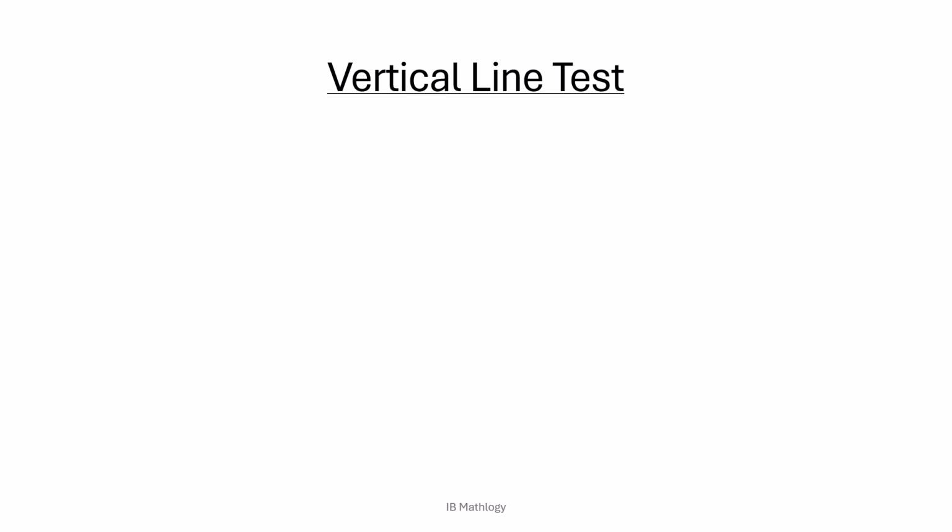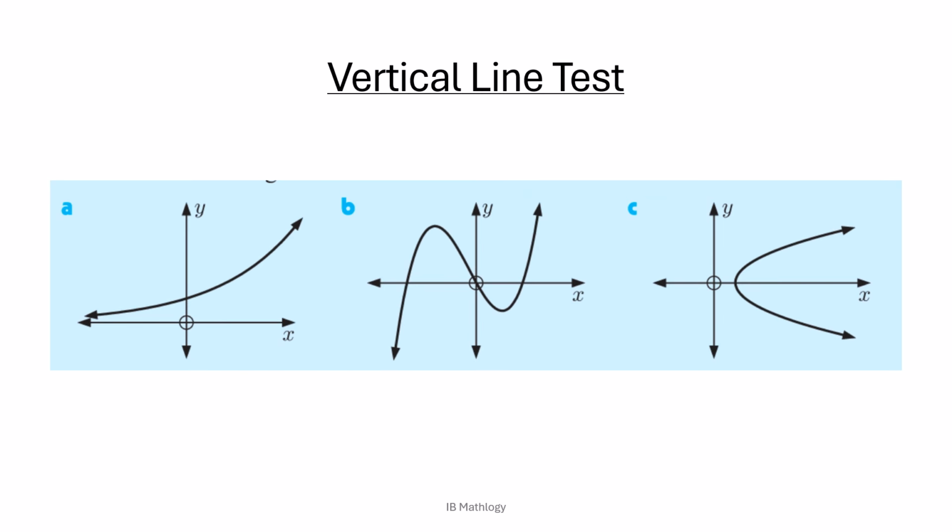Check whether a given graph is a function or a relation by doing the vertical line test. Now let's take some examples for better understanding. In the vertical line test, let's say only graphs are given to you instead of the equation. Then how will we proceed? So let's take the first graph as A. Now if I draw vertical lines like this, you can draw as many lines as you want, it is cutting the graph at only one point.